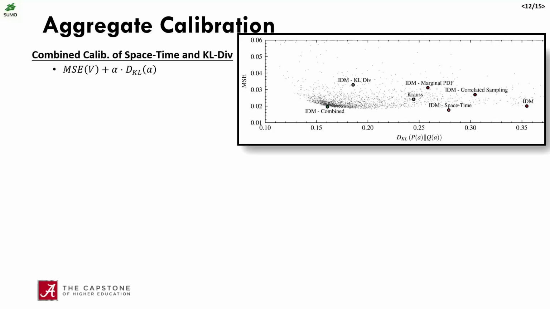In between here, the correlated sampling is sampling from the optimal parameters we identified in the trajectory-based calibration, so we consider the correlation between them. And the marginal PDF method is sampling independently from the best fit distribution of those parameters. Interestingly to us, they don't tend to recreate traffic flow that well in general.